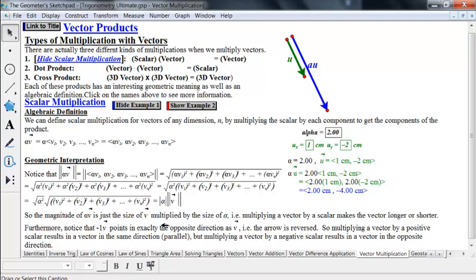Now, it turns out that alpha is not going to affect the angle.